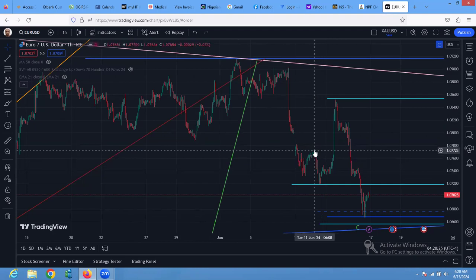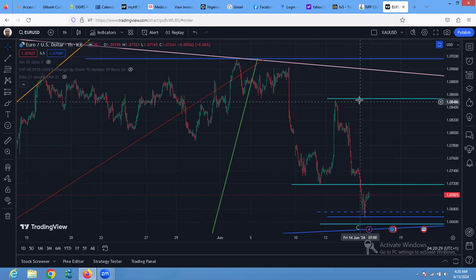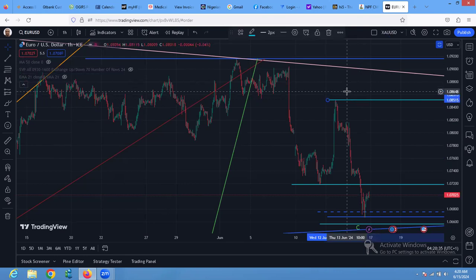So we had a breakout of here by this candle, and we are taught that price will continue to probably sail up. Then in an attempt to sail up, of course, that's why you don't just follow price, because it may just come here, take it up again, and break up. You are looking at this.